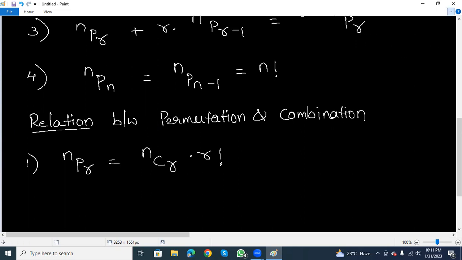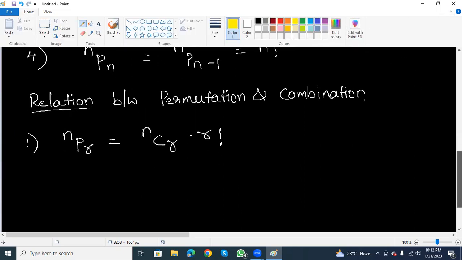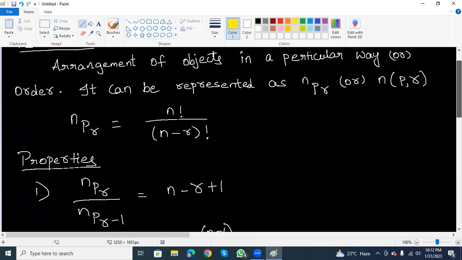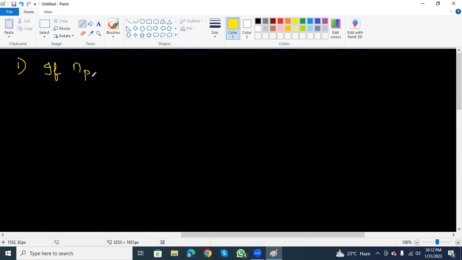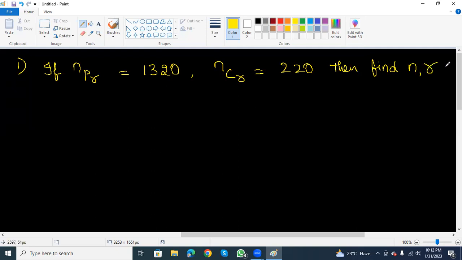The first question: if nPr is equal to 1320 and nCr is equal to 220, then find n comma r.